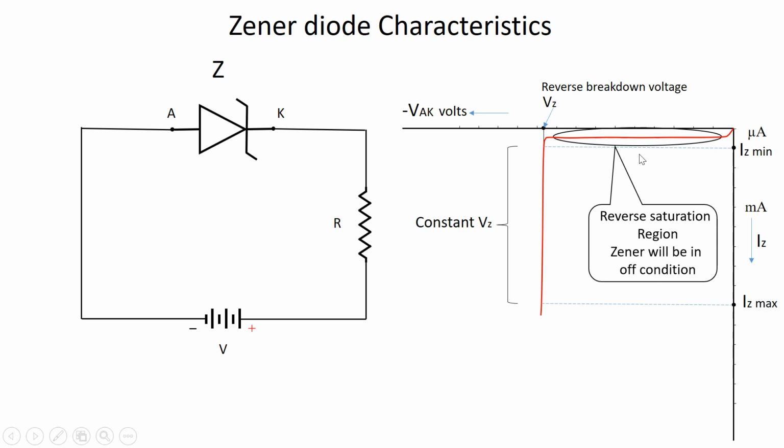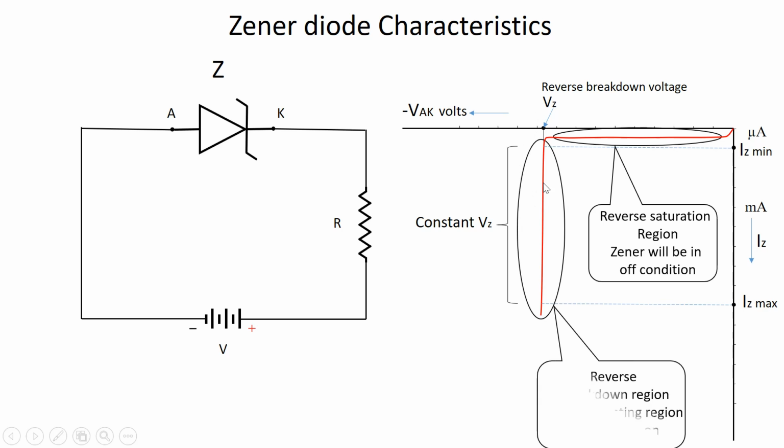And this region, as usual, is called the reverse saturation region. The Zener will not be in action in this particular region. As the Zener is put into the reverse breakdown voltage here, it maintains the constant voltage Vz across the anode and cathode with a range of variation of the Zener current between Iz minimum through this Iz maximum.